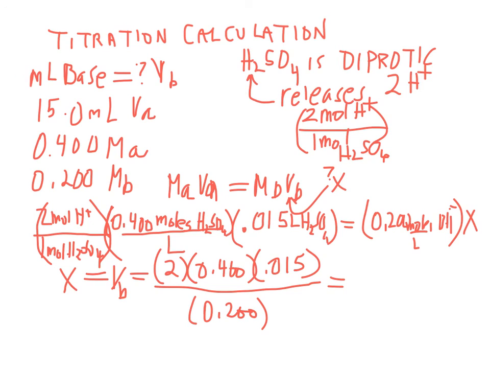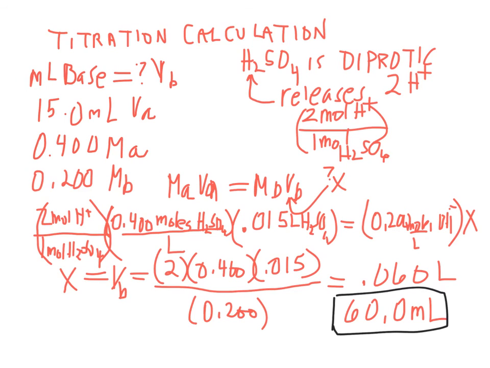If you cancel out all your units, you should end up with an answer, and it comes out to be 0.060 liters. If we convert that back to milliliters, that'll give us 60.0 milliliters. And so the answer for this question is 60.0 milliliters.